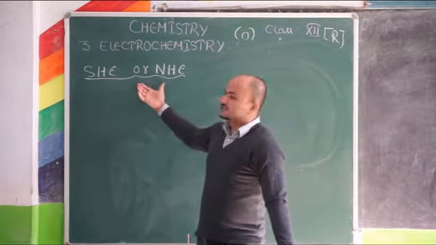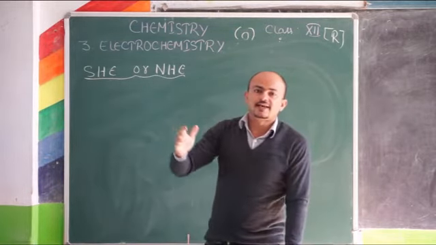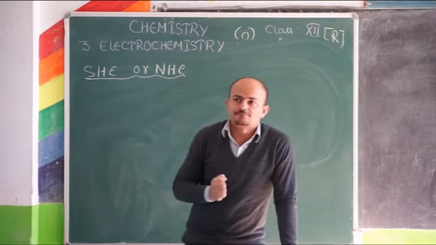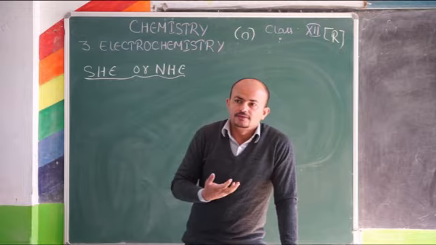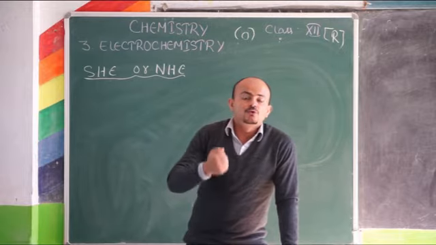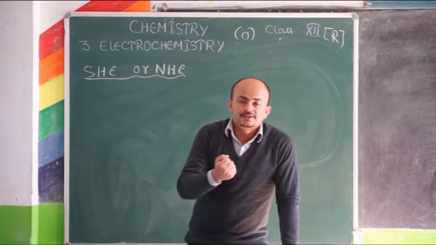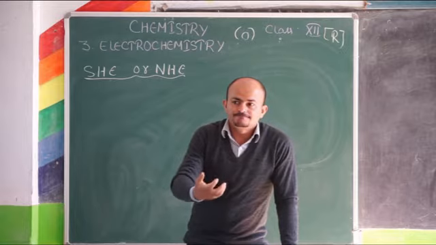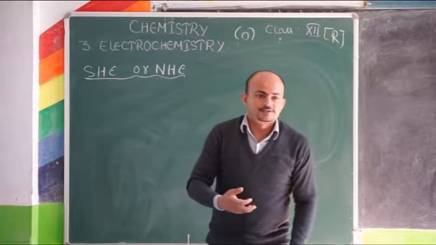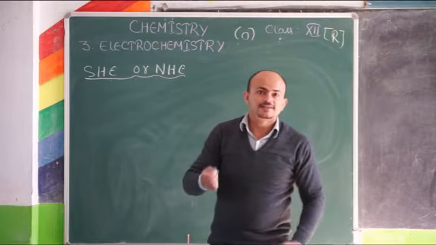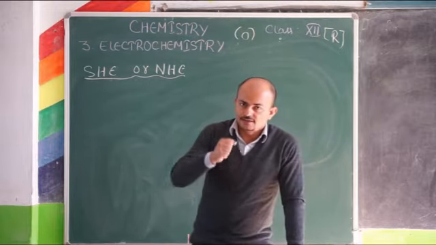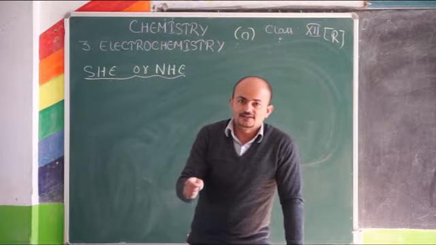This is used as a reference electrode. For example, if I have to give you a common example, whenever you go for buying some amount of vegetables or fruits, what happens in the market?